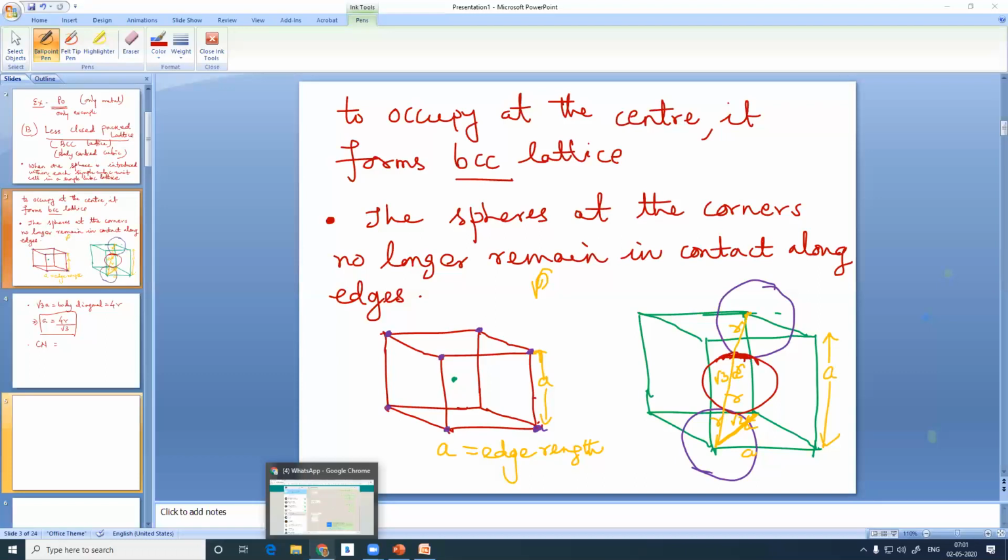Now, just listen to me very carefully. The sphere sitting at the body center is in contact with all the 8 spheres sitting at the 8 corners. Just imagine you have introduced that sphere to the center to the extent that it is in contact with all the other 8 sitting at the 8 corners. So the coordination number is 8.